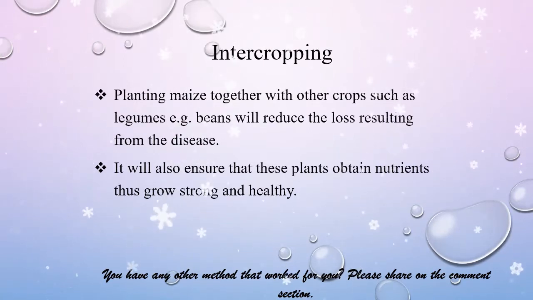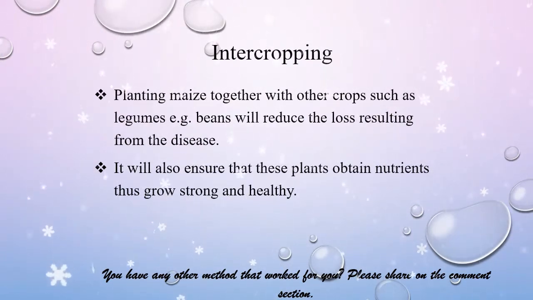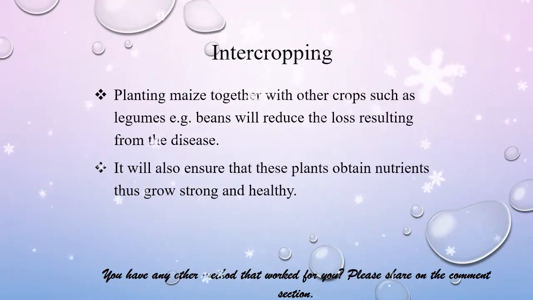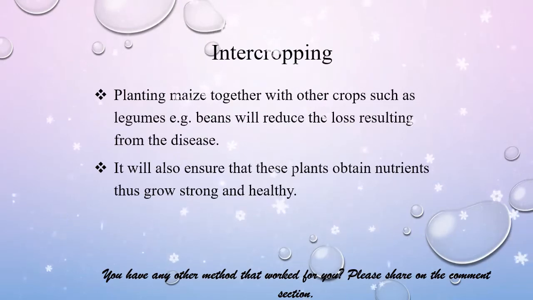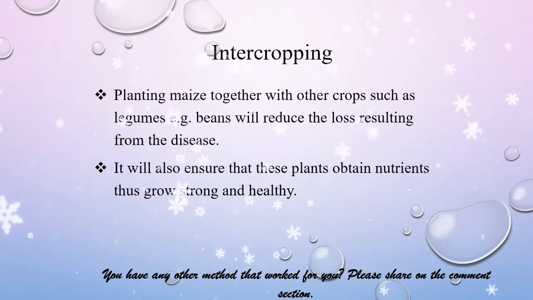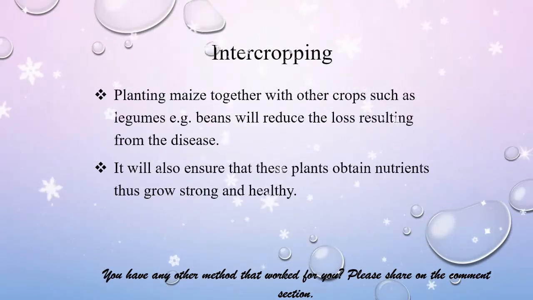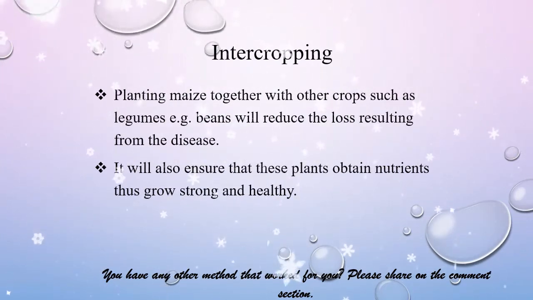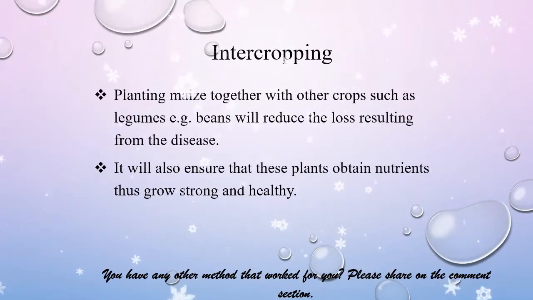Intercropping. The planting of maize together with other crops such as legumes, an example being beans, will reduce the loss resulting from the disease. On the same field, in the same season, you plant maize together with beans, or maize together with cowpeas, or maize together with mucuna.